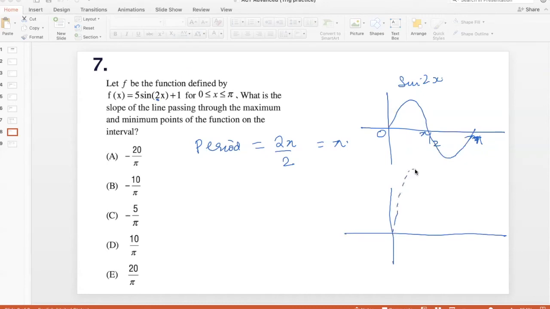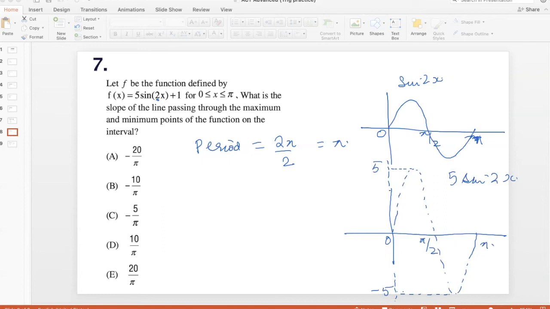It would go to an amplitude of 5 on the positive side and negative 5 on the negative side. So this would be plus 5 and this would be minus 5, where this is 0, this is pi by 2 and this is pi. So this is the graph of 5 sine 2x.